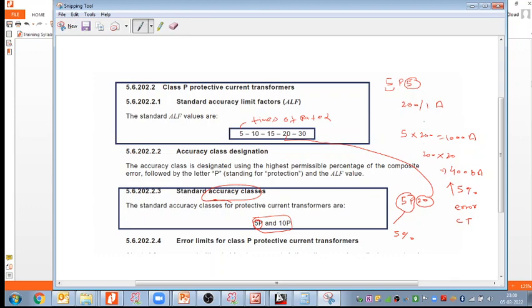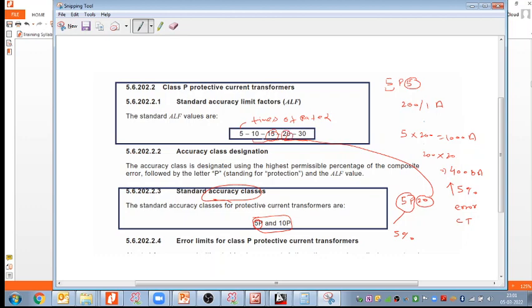What we consider is 10, 15, 20 or 30. Out of these four, if we take 30, it means we can go up to 30 times the current and it is a better CT, guaranteed by the manufacturer, but then obviously the cost also increases. 15 means 15 times is guaranteed, 20 means 20 times.